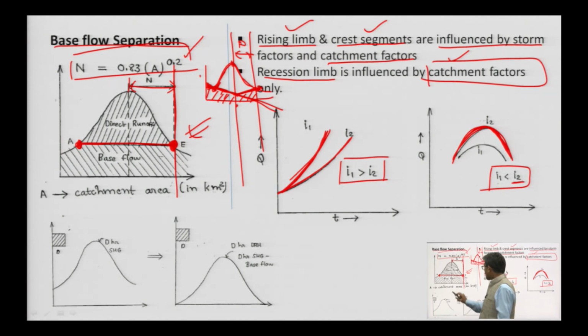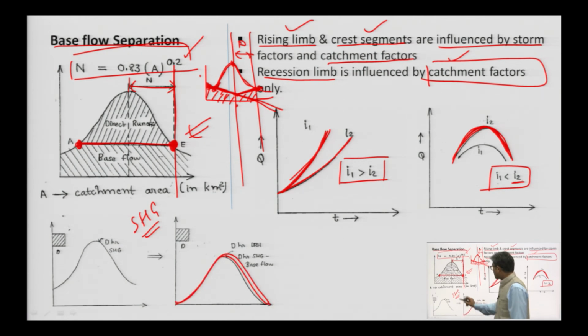Once we subtract the base flow, then what we will get? We will get this type of graph. This is the storm hydrograph. The storm hydrograph includes both direct runoff as well as base flow, but when we subtract the base flow from this graph, we will get this type of graph.